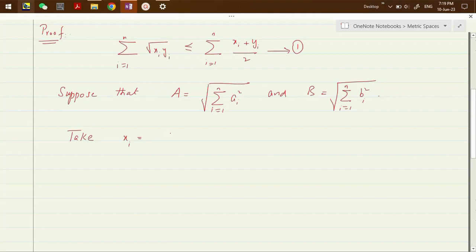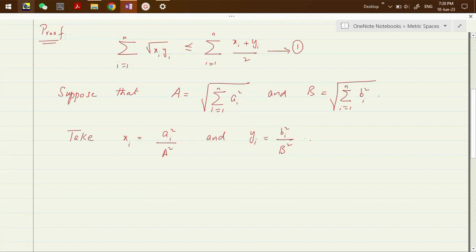Xi is equal to ai square over a square, and we also take yi, which is bi square over b square. As you can see, xi and yi are also non-negative real numbers.